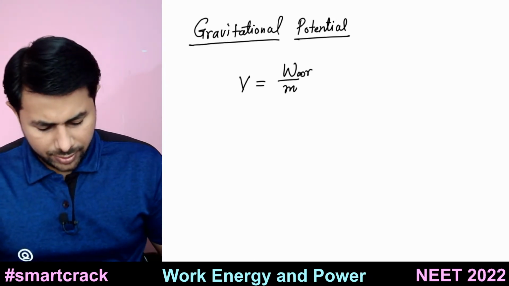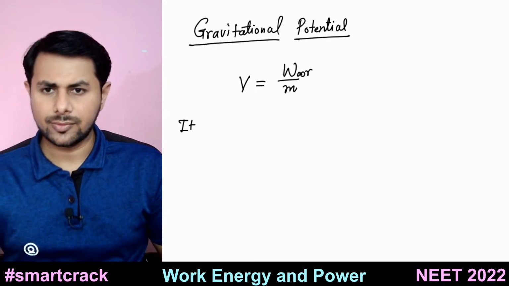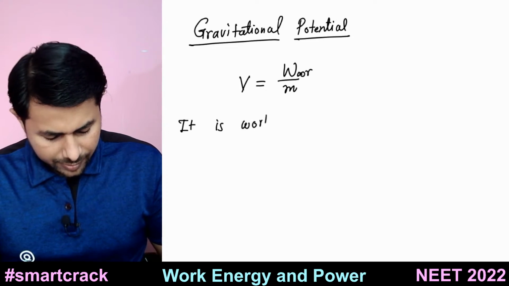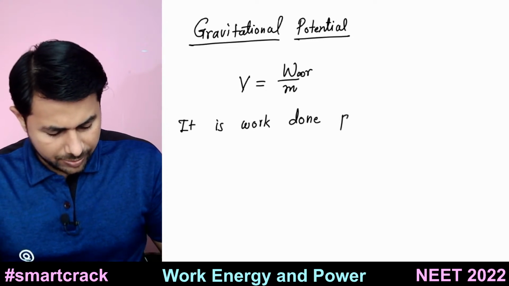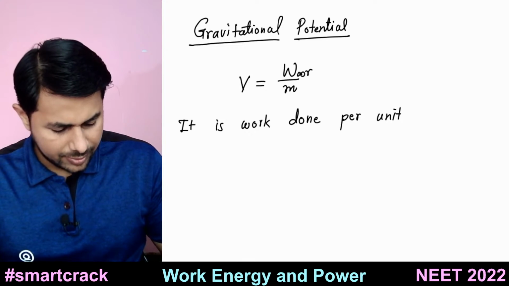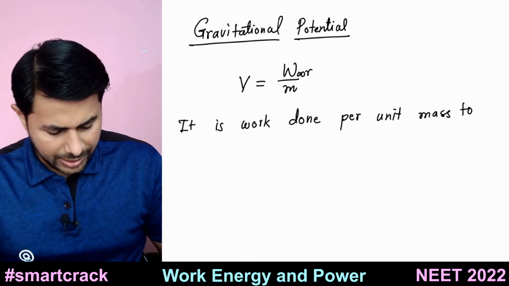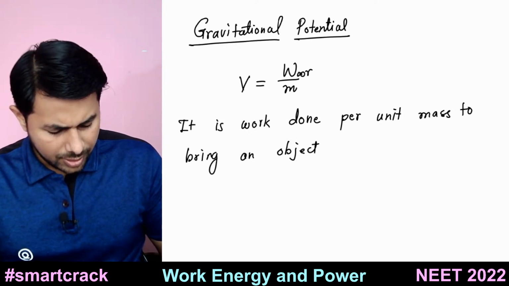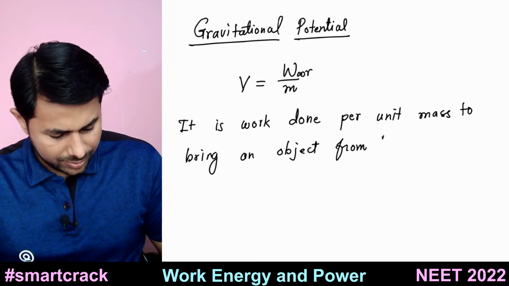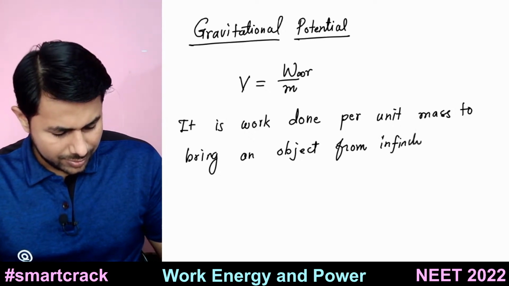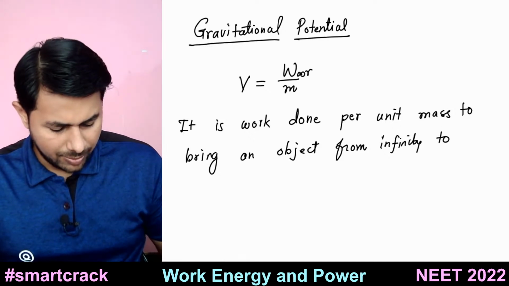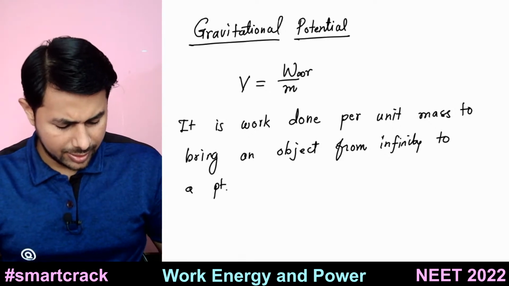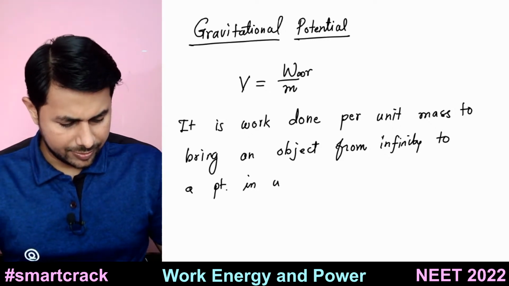So it is the work done per unit mass to bring an object from infinity to a point in a gravitational field.